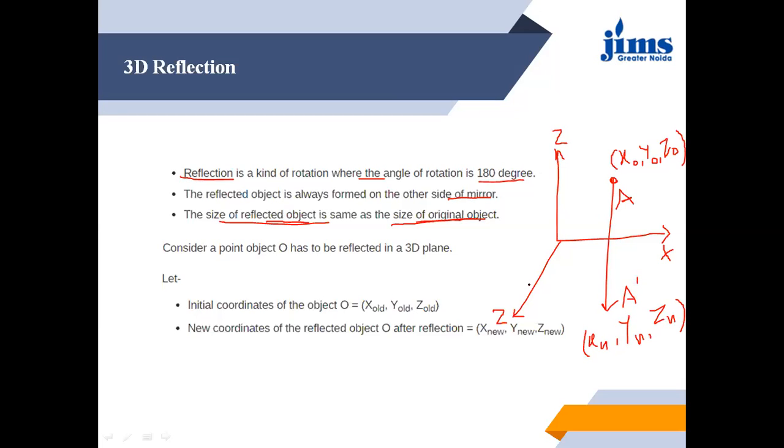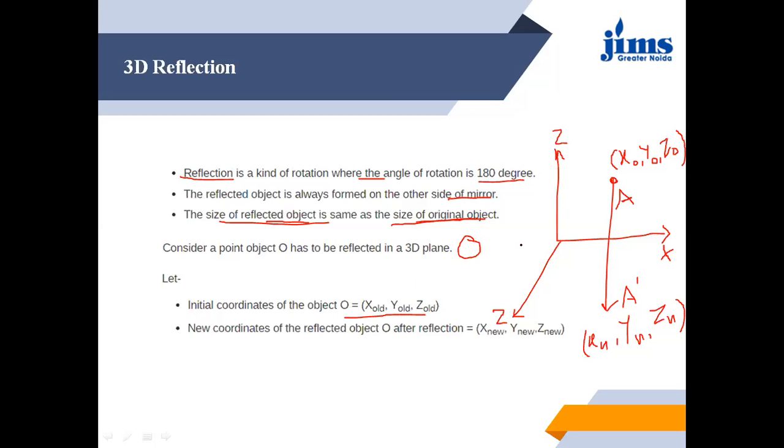So when we have to solve a question in 3D reflection, these two things will be given to us, and one more thing will be given to us: with respect to which plane we have to reflect.